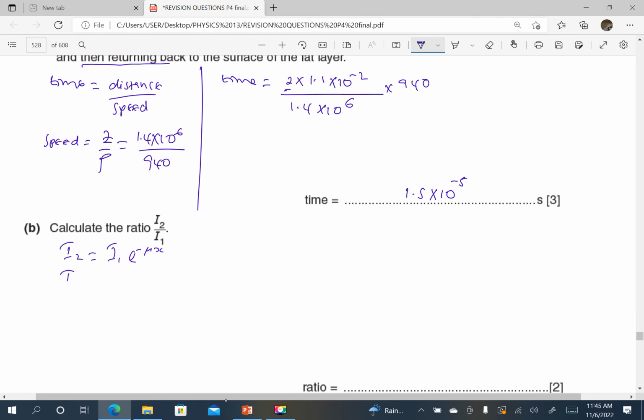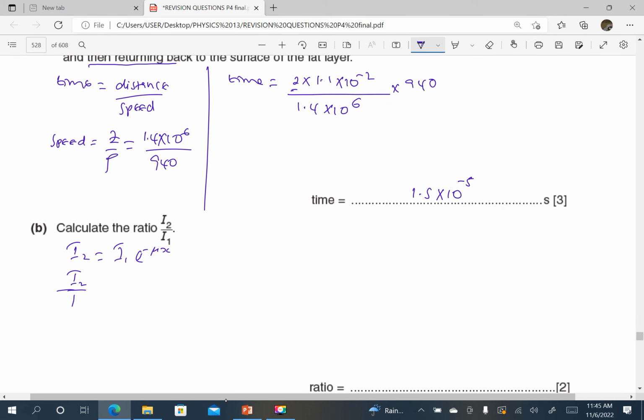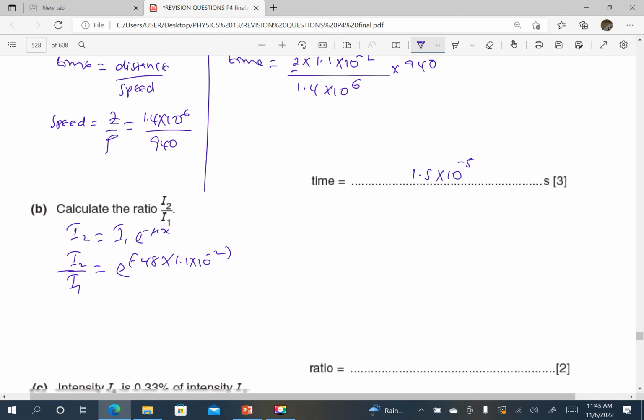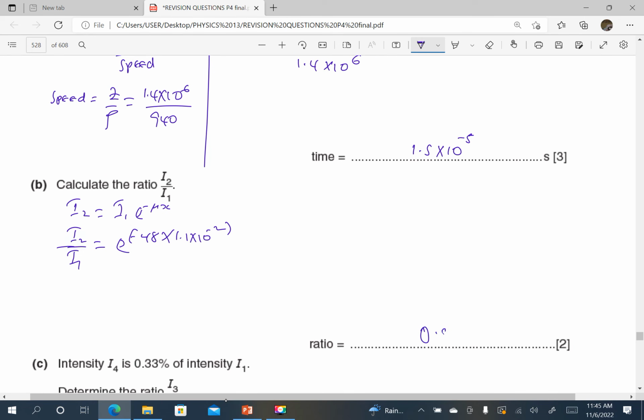So the ratio I2 over I1 is going to be e power negative mu, and mu for fat has been given in the table as 48 times the thickness 1.1 times 10 power negative 2 in meters. So I press my calculator. So this gives me 0.59.